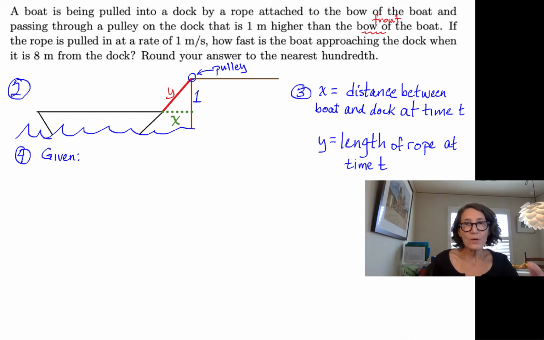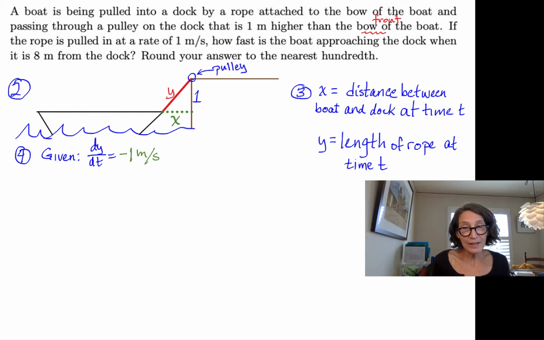So when the boat is far away, y is pretty long, and then as the boat is being pulled in, the length of rope between the boat and the pulley is shrinking. So that derivative is dy/dt, and it's negative. It's going to be negative 1 meter per second, okay?